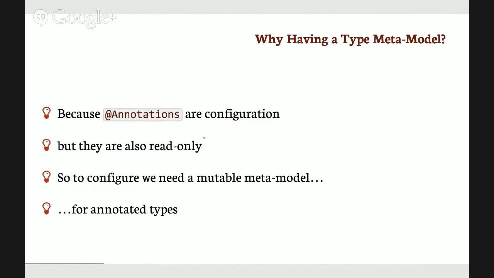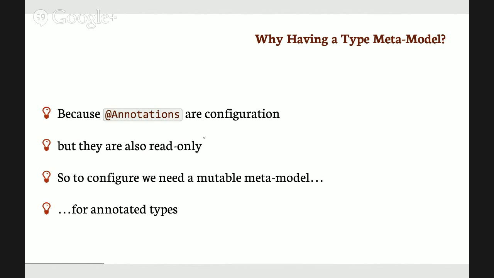So let's start with the type metamodel. The first question could be, why do we need a type metamodel? Because in CDI we are using a lot of annotations, and annotations are our way to configure our application. The problem is that in Java, annotations and classes with annotations are only in read-only mode.